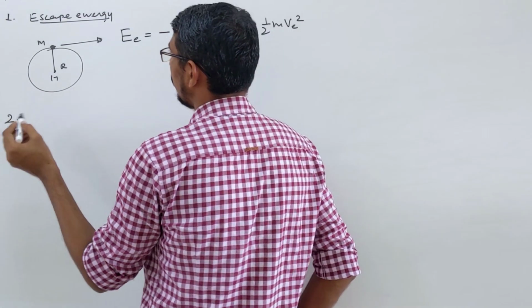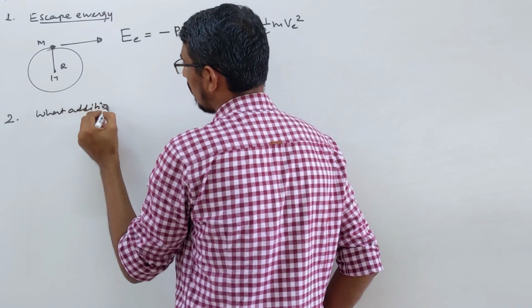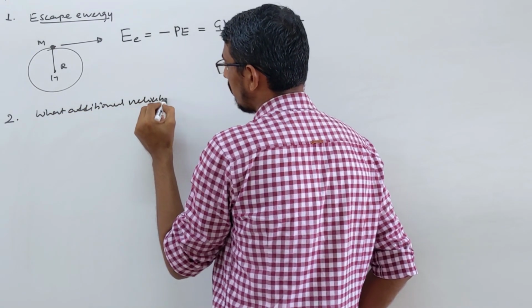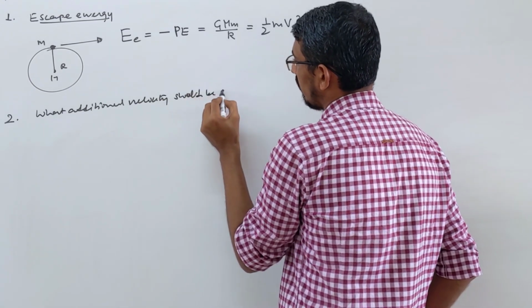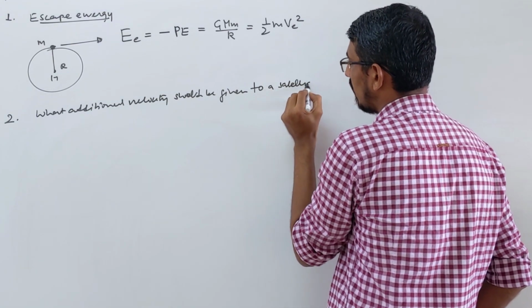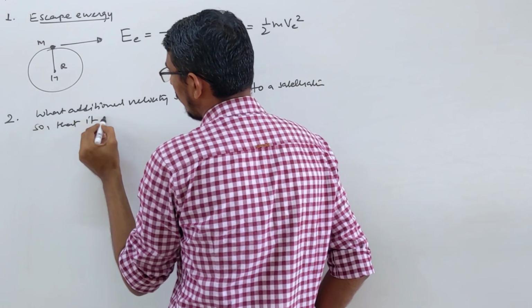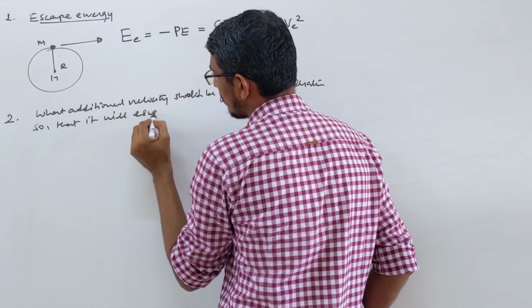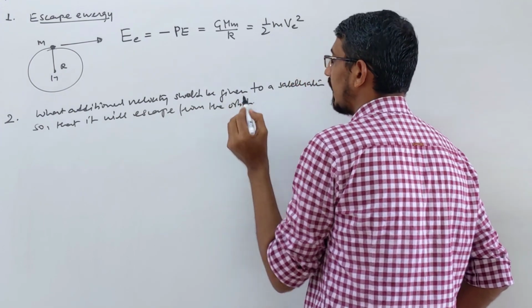So I write a few words here: what additional velocity should be given to a satellite so that it will escape from the orbit?